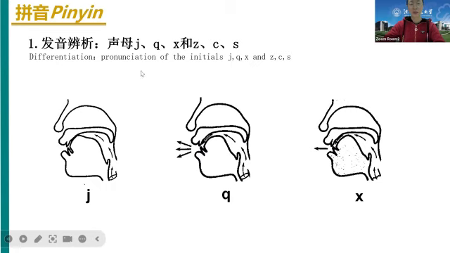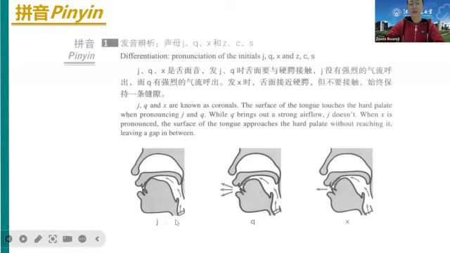What's the difference between these initials, ji, qi, xi, and zi, ci, si? Okay, so look at the three initials, ji, qi, xi. Please look at the PPT.